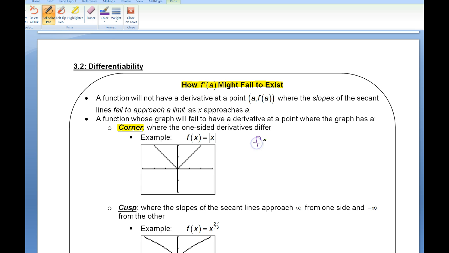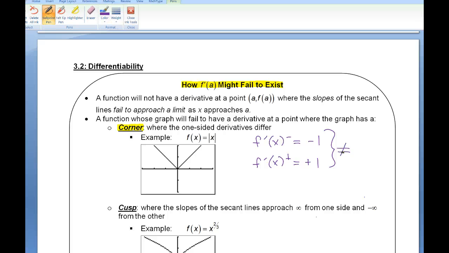If I look at the derivative from the left, what would that be? What's the slope? -1. And the derivative from the right, +1. So whenever we have a left and a right-hand derivative that are not the same, it's a corner.